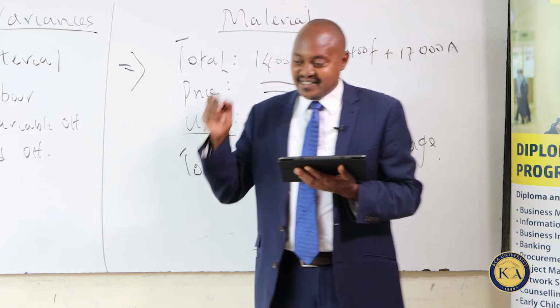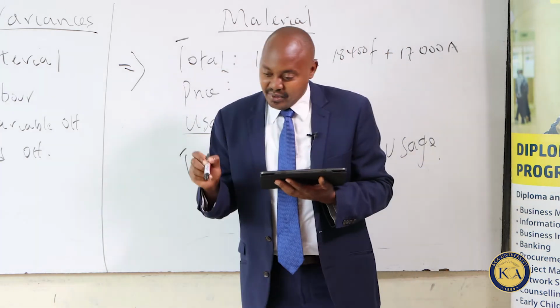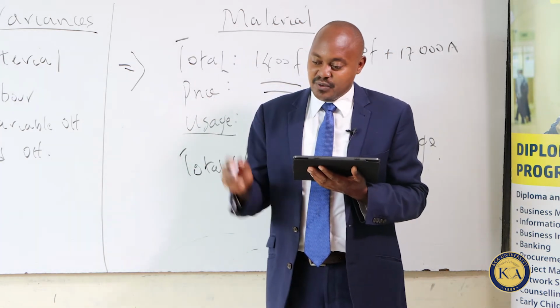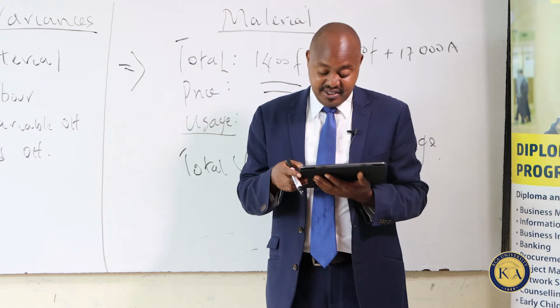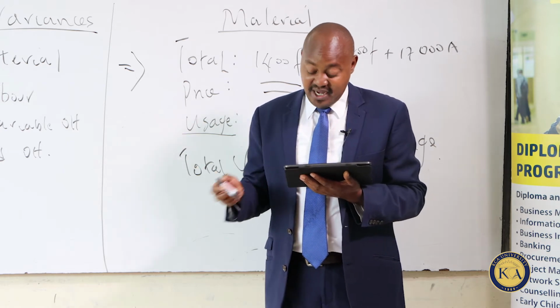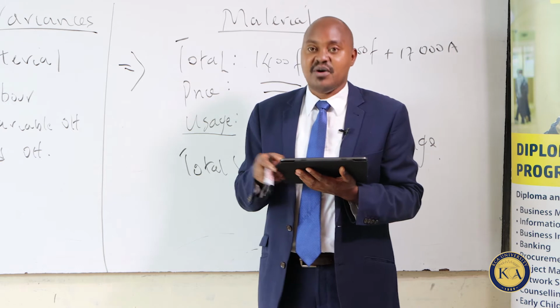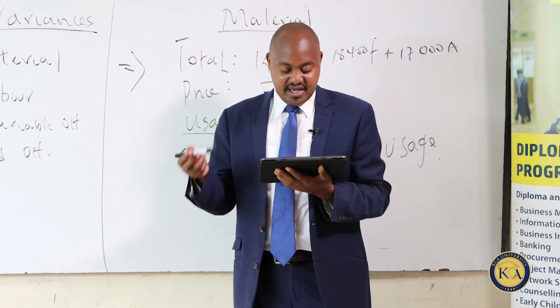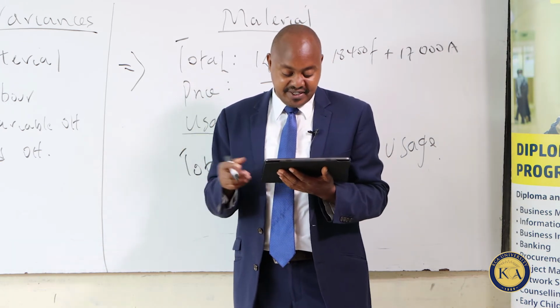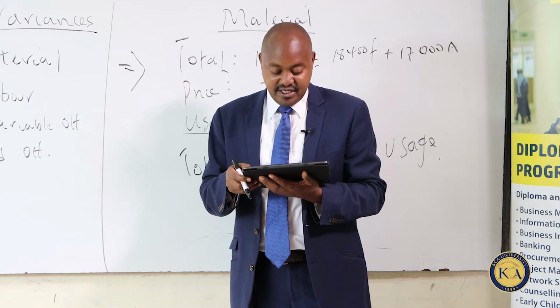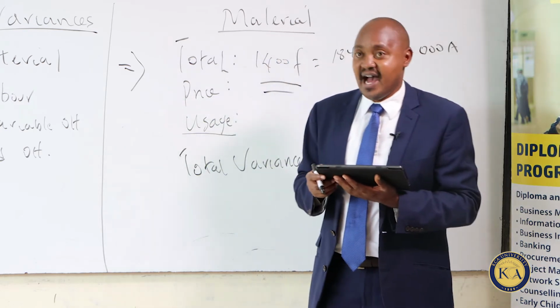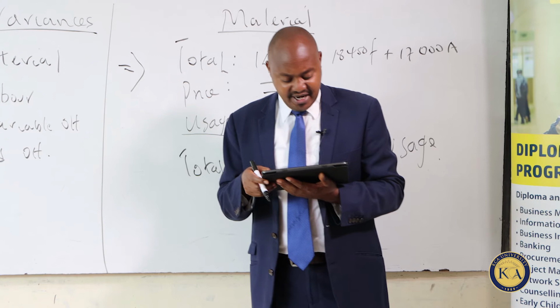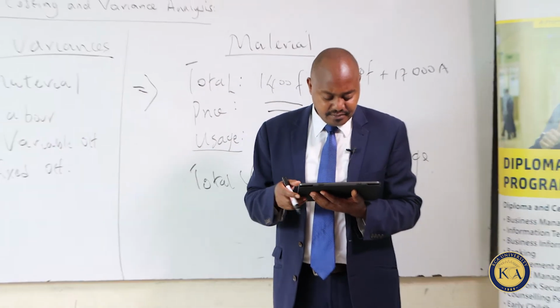So it's a variance on the applicable rate for your actual hours and what you had planned for. So the actual hours, you had the budgeted rate per hour, then you have the actual rate per hour, and that difference gives you the rate variance. So it is computed the same way as the material price variance.